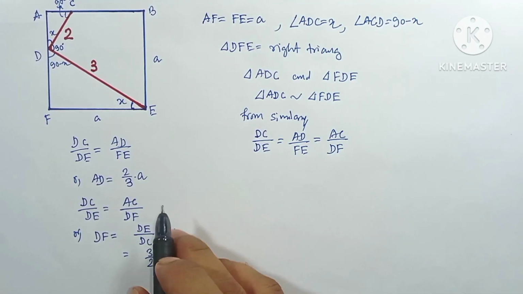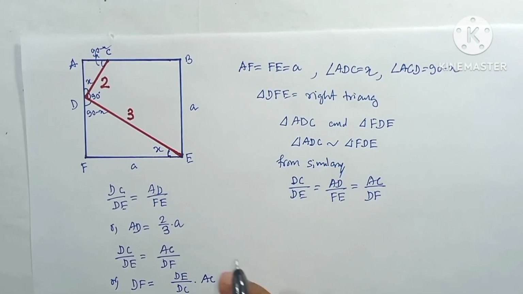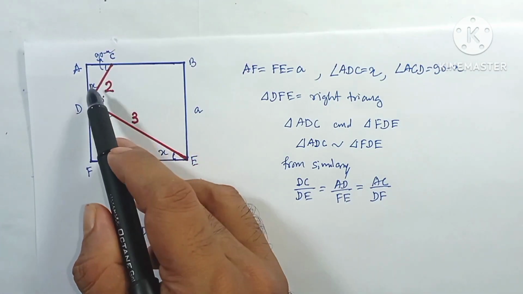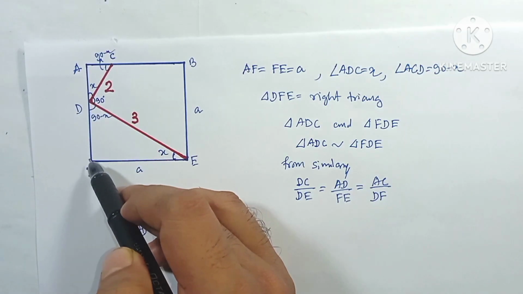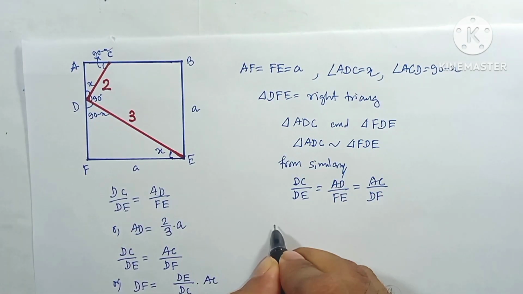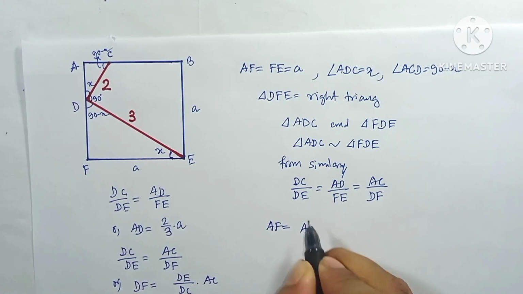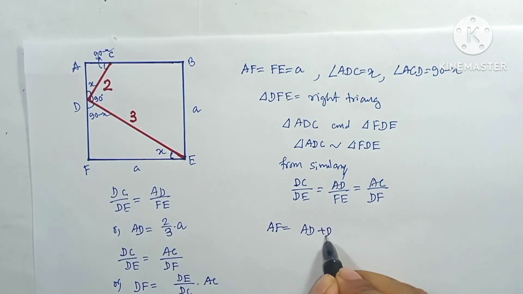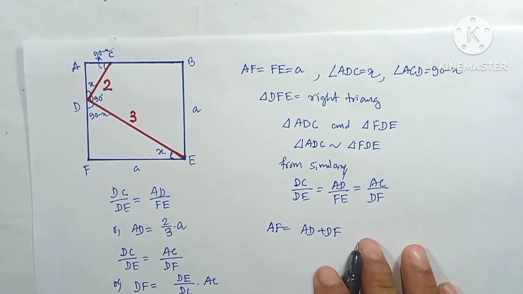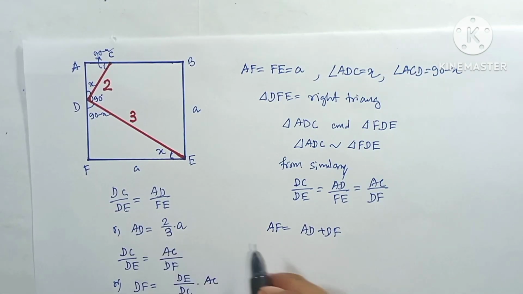Now notice something very important, that D lies on this side AF. Therefore AF is equal to AD plus DF. Now put the value of AD and DF here, which we have got previously.